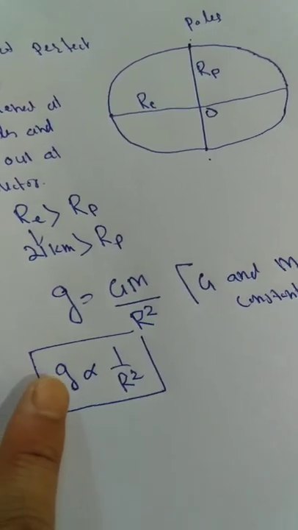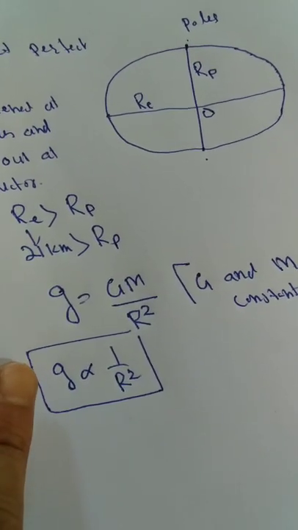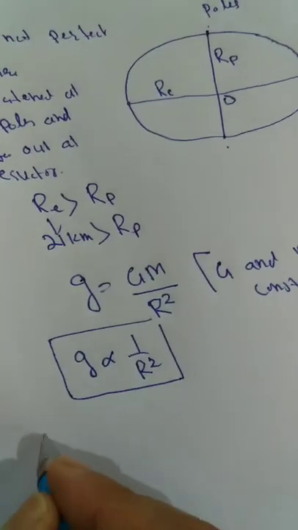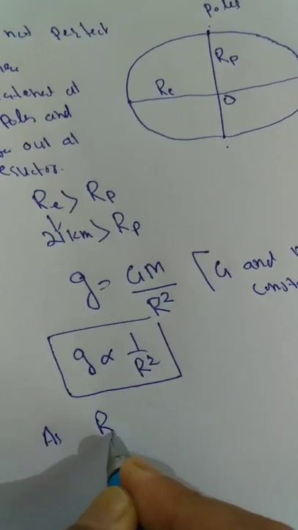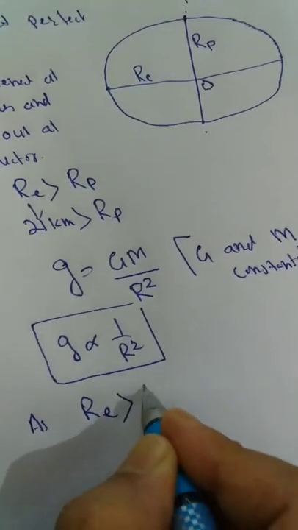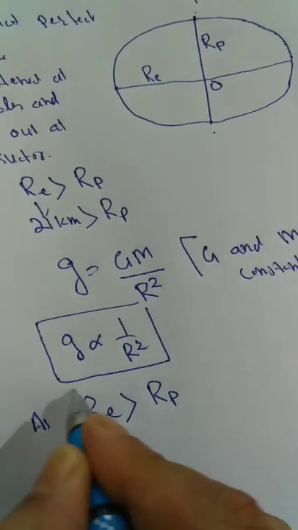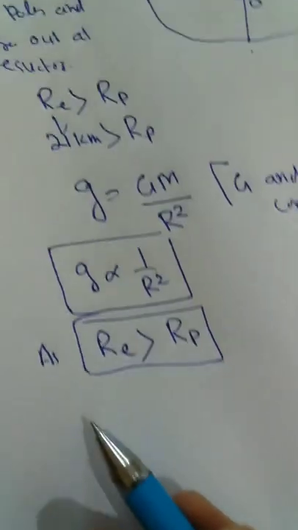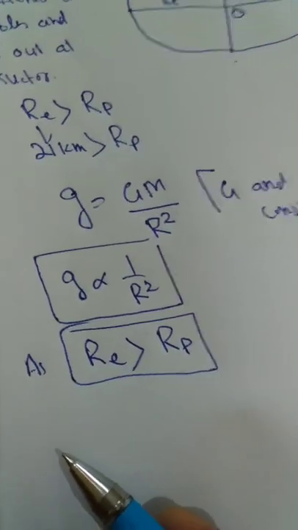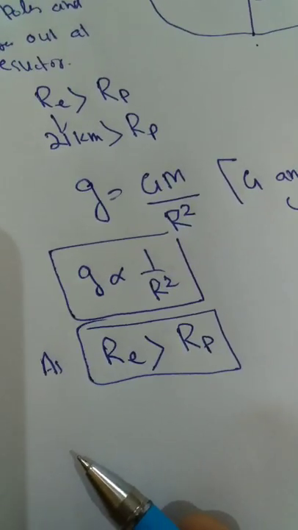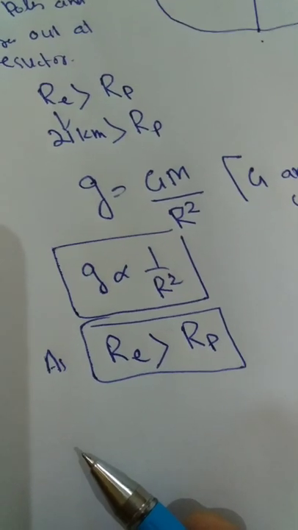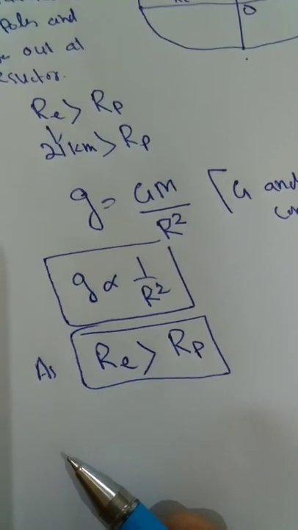From this equation we can say that the radius of the equator is greater than the polar radius, by almost 21 kilometers, because the shape of the earth is not a sphere; it is flattened at the poles and bulges out at the equator.